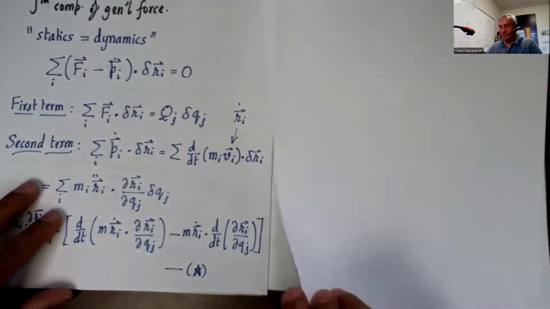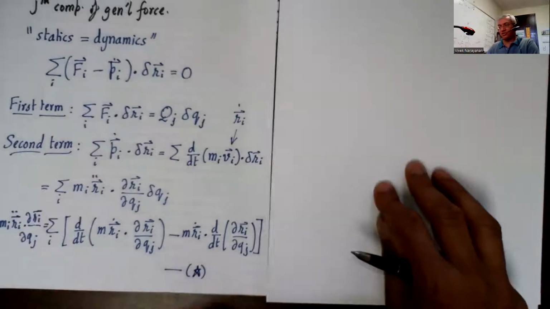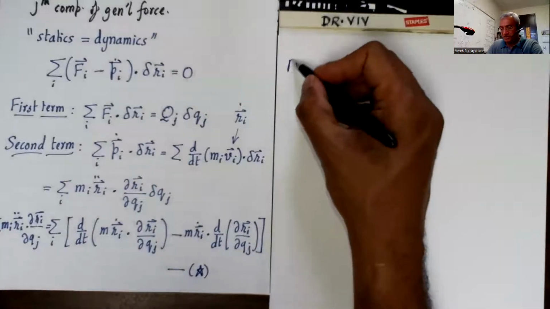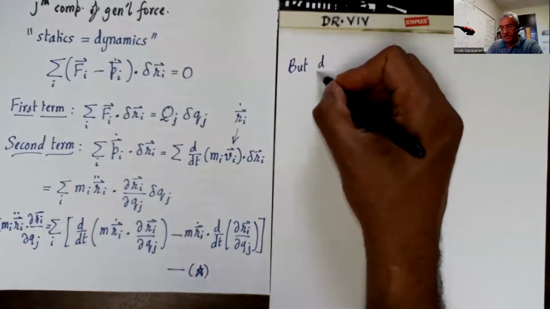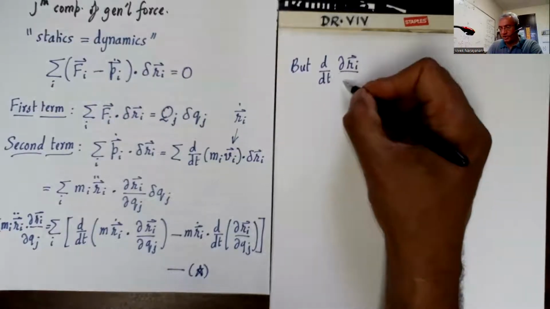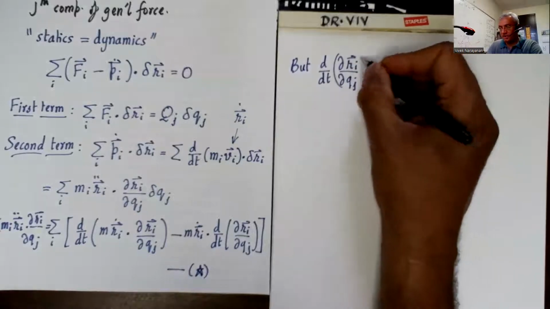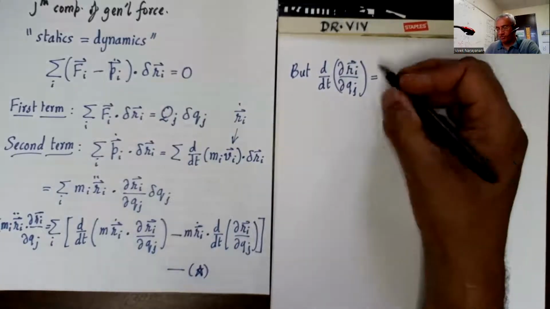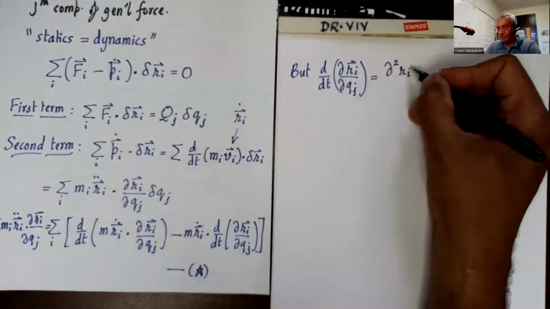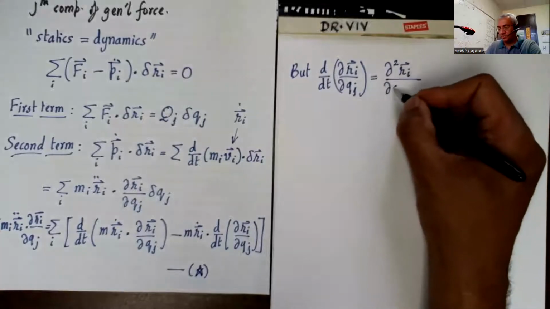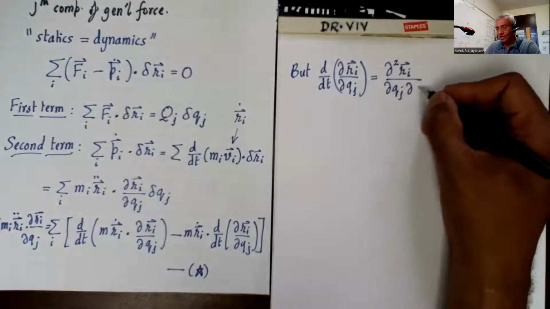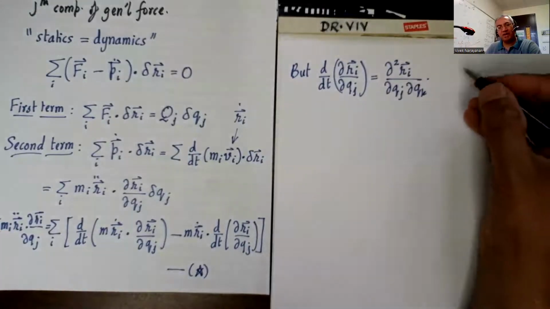Now we are going to write this term as something else. So let's write that. But d by dt of del Ri over del Qj, what is that? Well, by the rules of partial derivatives, that is the rate of change of del Ri over del Qj with respect to Qk times dQk by dt.